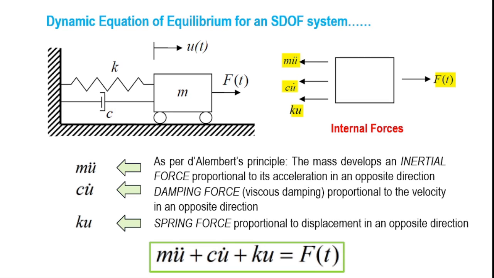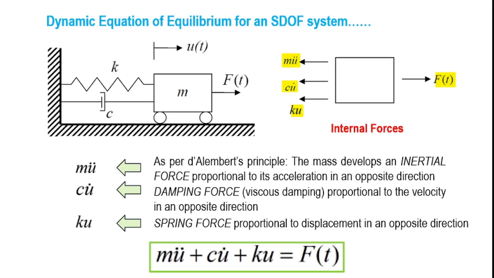If you want to solve any static system, either for the external reactions or for the internal forces, the first step involved will be writing correctly the equations of equilibrium. For a static system, the equations of equilibrium are simple: sigma F equal to 0. That is, sigma H equal to 0, sigma V equal to 0. That is, the algebraic sum of all the forces in the horizontal direction or in the vertical direction should be equal to 0. And the other important equation is that the algebraic sum of all the moments, external and internal, acting on the system should be equal to 0 about any point in space.